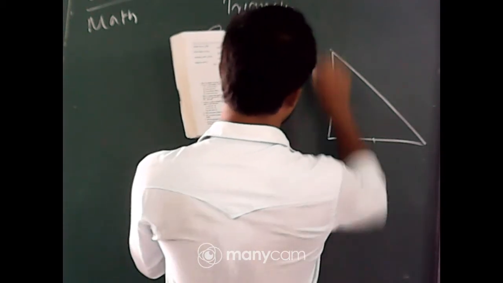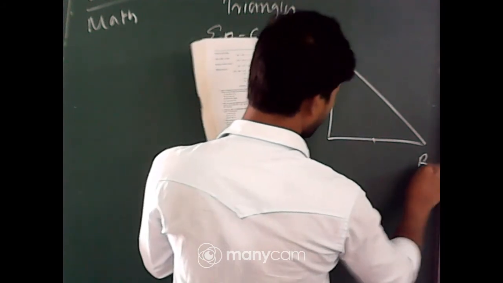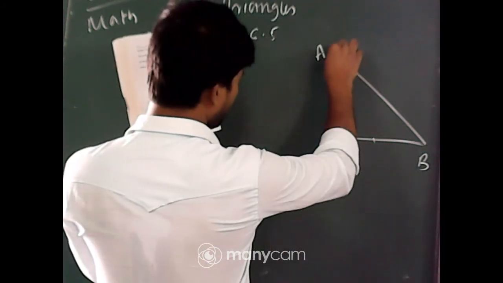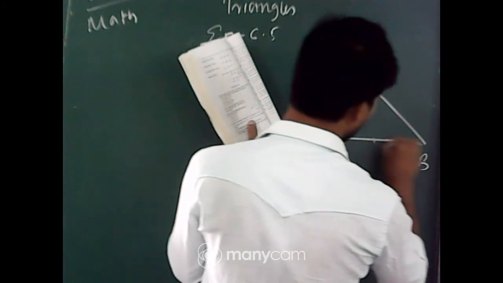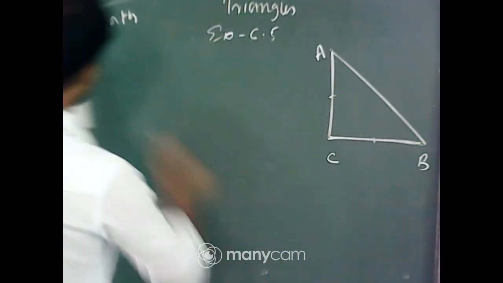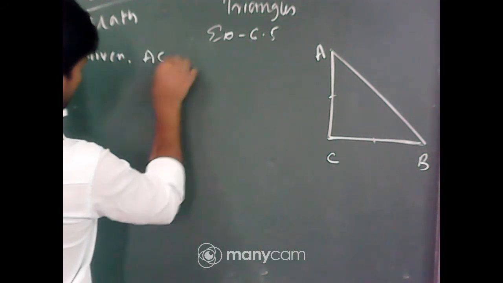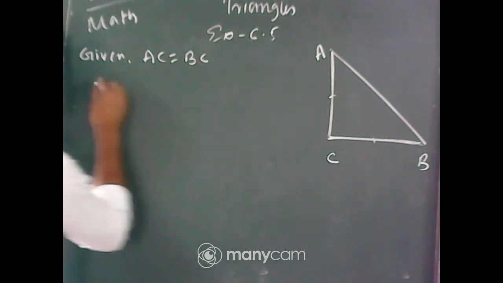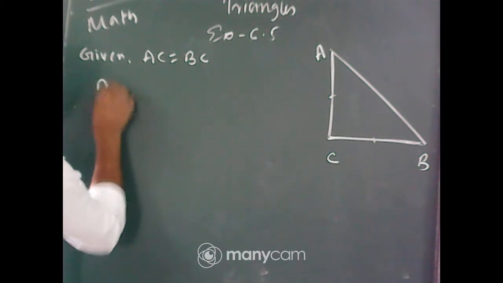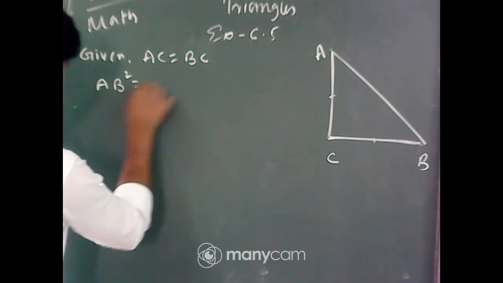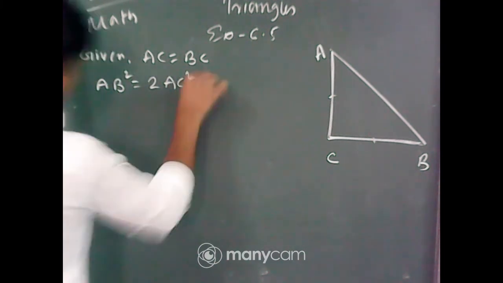Let this be A, this is B, and this is C. Given that AC is equal to BC, and it is also given that AB square is equal to 2AC square.